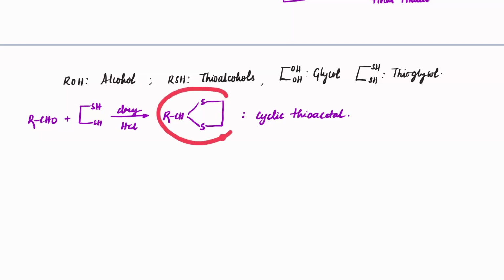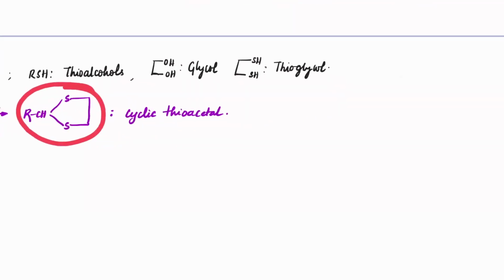Cyclic thioacetal has a very important advantage. What is that? Please check. Suppose I have an aldehyde RCH here, and here we have oxygen connected like this. This is a cyclic acetal form.